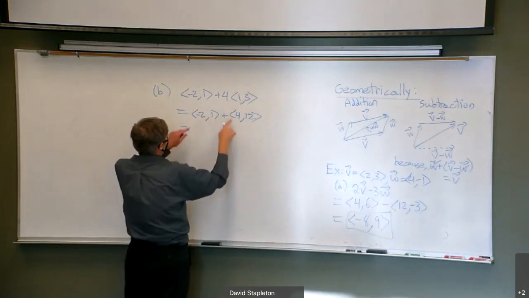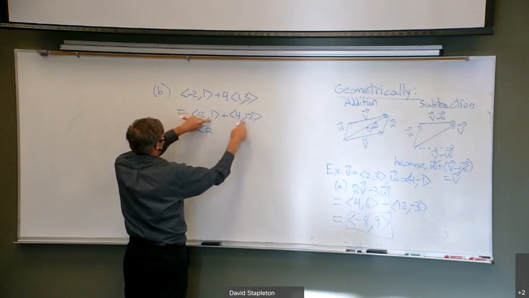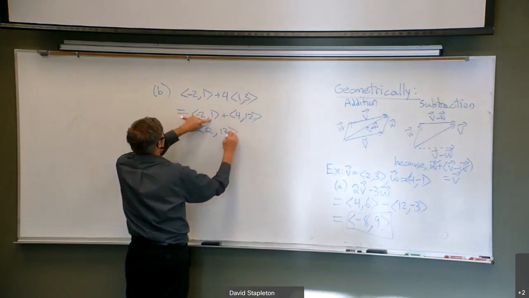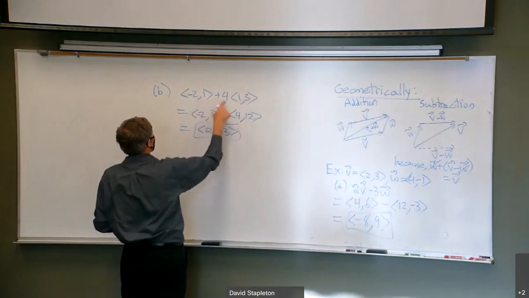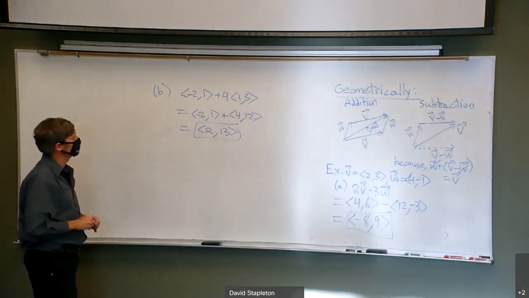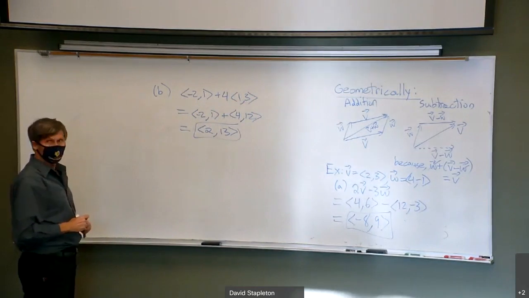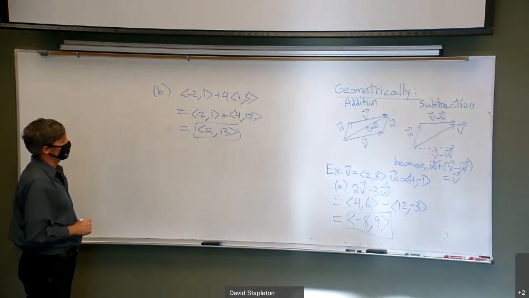And now I add component by component. 4 plus minus 2 is 2. 12 plus 1 is 13. And there's the resulting vector. So arithmetic with vectors is very easy.